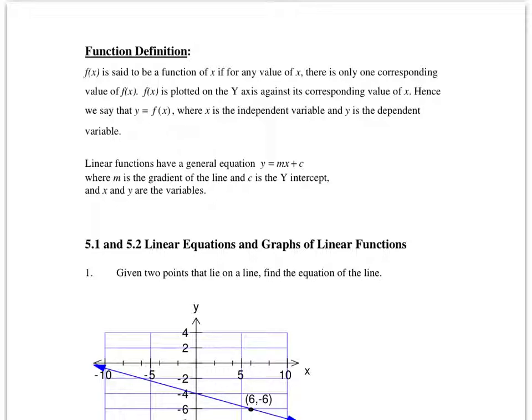If you think about it, once you know the value of x, so if we say x is equal to 5, there is only one corresponding value of y that goes along with it. For our previous example, f of x is equal to 2x, that value would be 10.